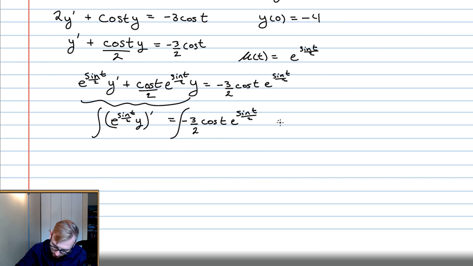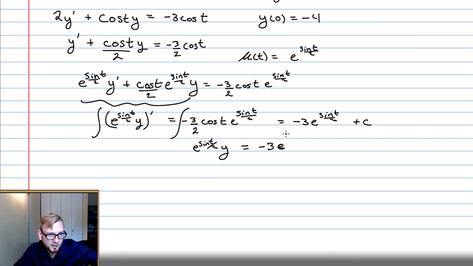It will literally just look like a negative 3e to the sine t over 2 plus c, and we're going to have an e to the sine t over 2 times y. Negative 3e, to write that a little better, e to the sine t over 2 plus a constant.